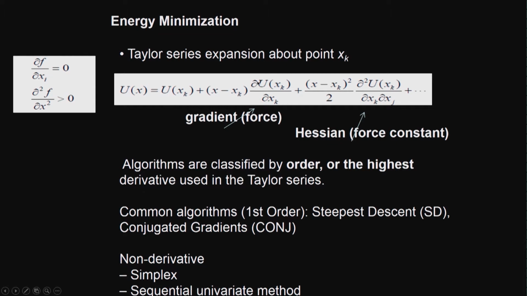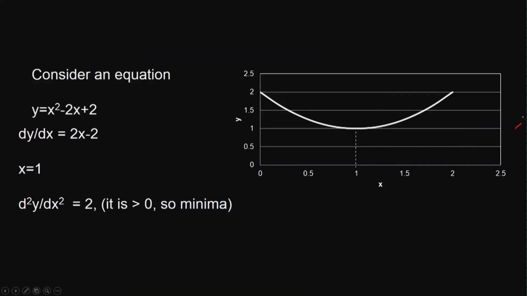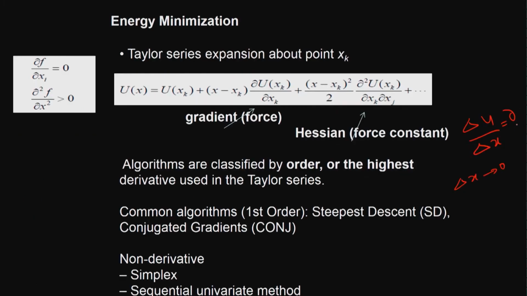As you know, you must have studied, du by dx can be approximated to delta u by delta x, because as delta x tends to 0, this will be equal to du by dx.